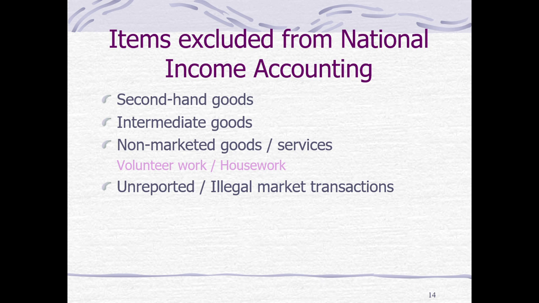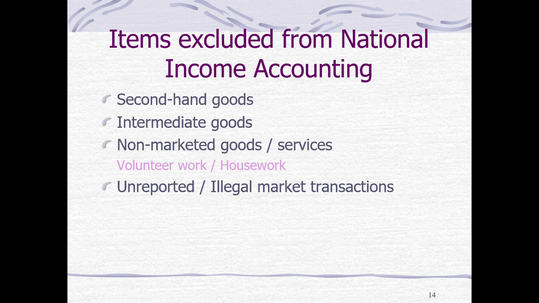People have not received income from volunteer work, so such work is not considered as part of the national income. For instance, if you have a housewife, because the person is not taking a salary, we cannot consider her services as part of the national income. And the last is unreported or illegal market transactions. All these are not considered as part of national income.